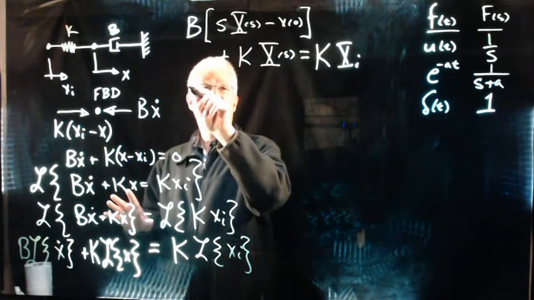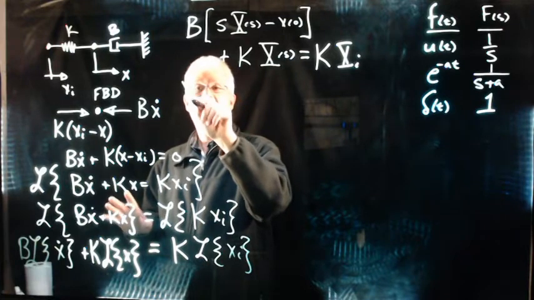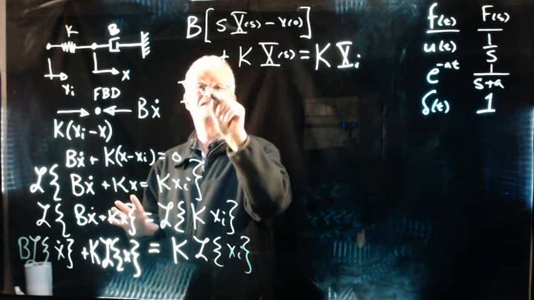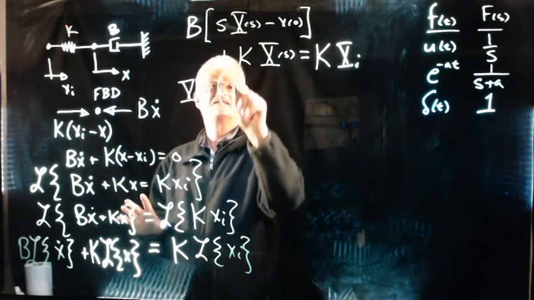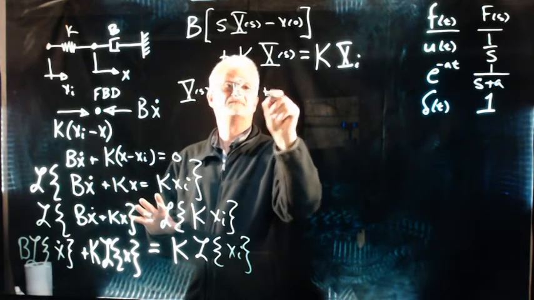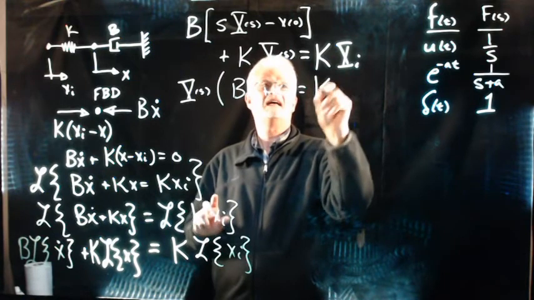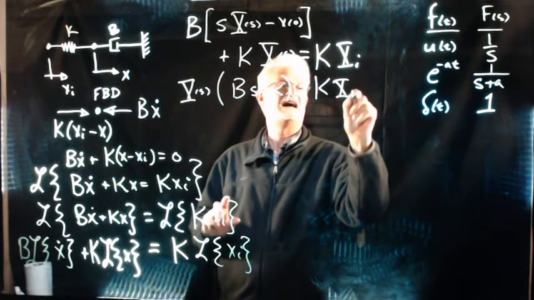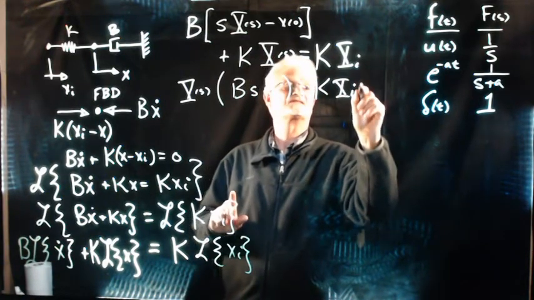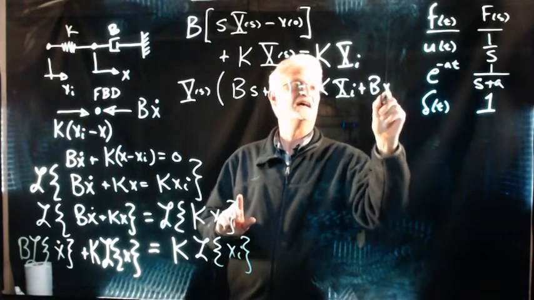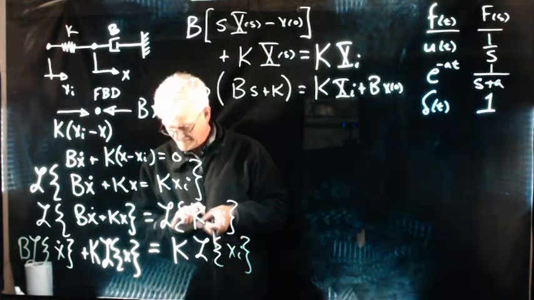Let's see, so I'm going to do it this way. I'm going to say x of s times (bs plus k) is equal to k xi, and then this is going to be plus b x of 0.